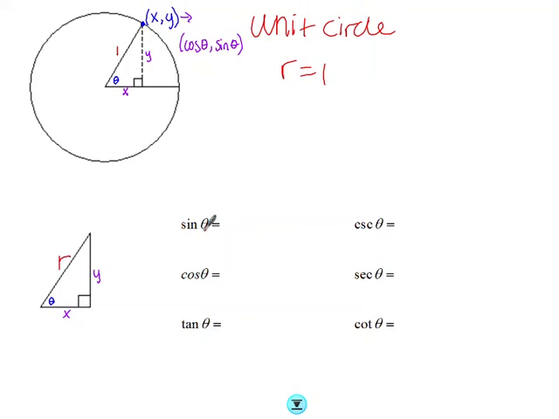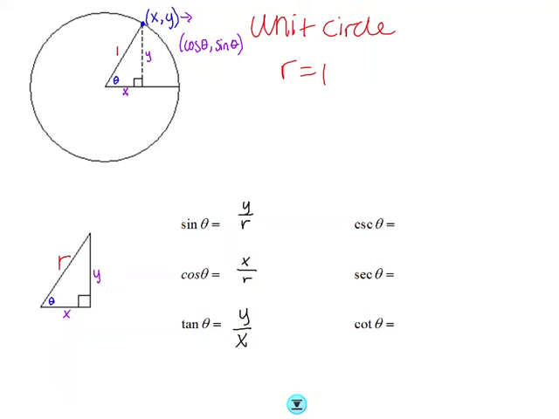So sine of theta would be y over r. Cosine of theta would be x over r. And tangent of theta would be y over x. All I'm doing to get these values is use SOHCAHTOA.